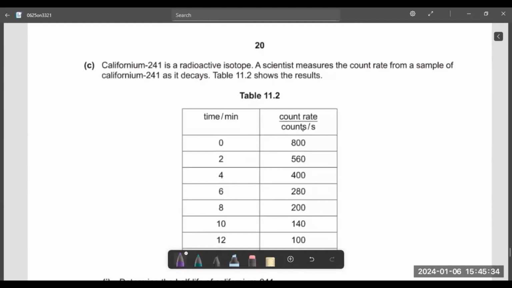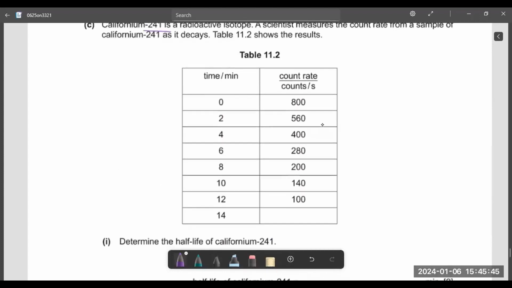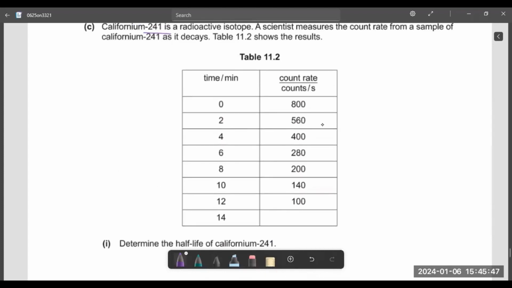Next, here they are given a radioactive isotope and a table. So we need to find the half-life of this one. Initially, it was 800. So for finding the half-life, when it is changing to 400, what is the time?